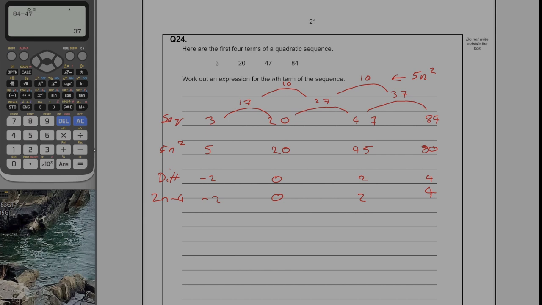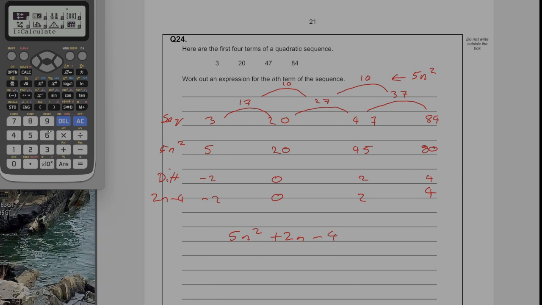So my total sequence is going to be 5n squared plus 2n minus 4. I'm going to double check that using my calculator table function, which is 9, I think. Yeah, so my first sequence, I just want to see whether this works. So 5 times x squared plus 2 lots of x minus 4.